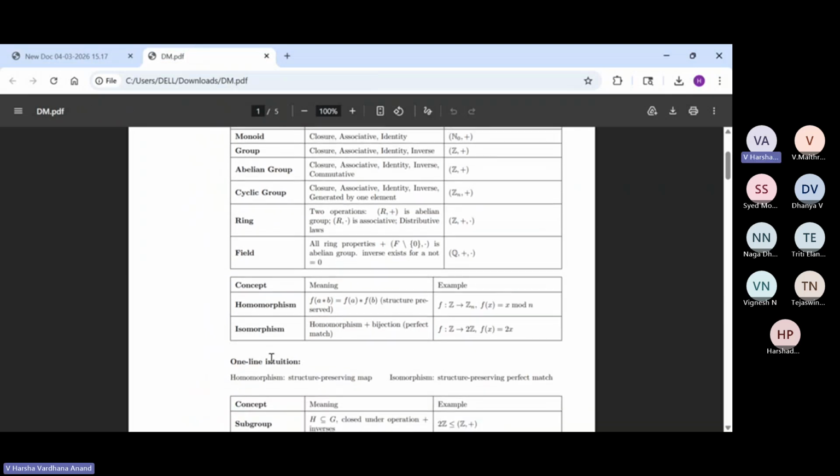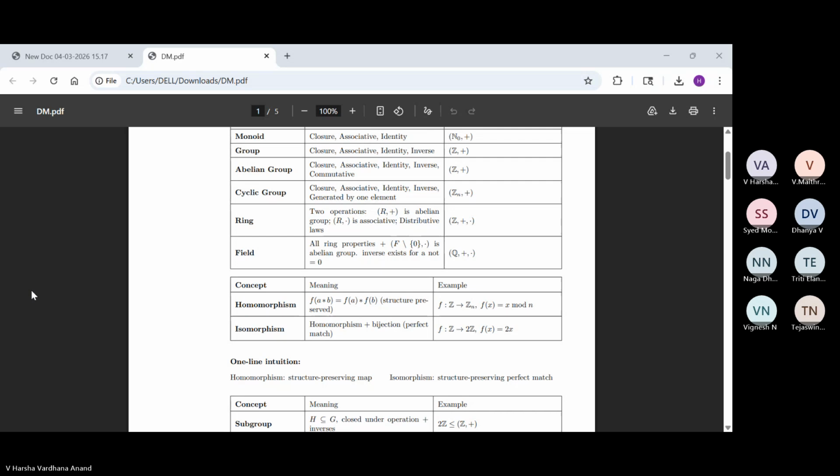Okay, so let's just move to homomorphism and isomorphism next. Homomorphism essentially means how similar two structures are.